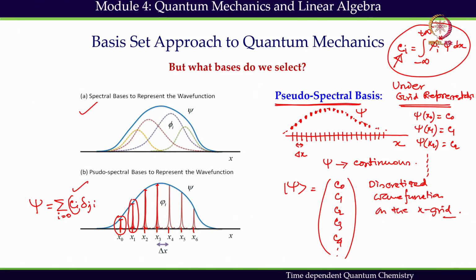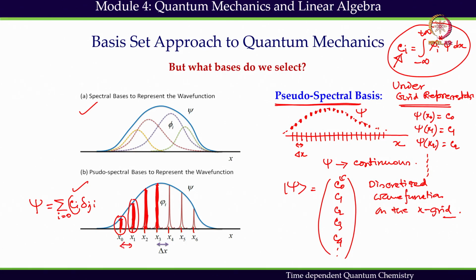So, what does this C naught mean? C naught is this value, then C 1 is this value, C 2 is this value, C 3 is this value. For pictorial representation I have made them very well separated, x naught to x 1.